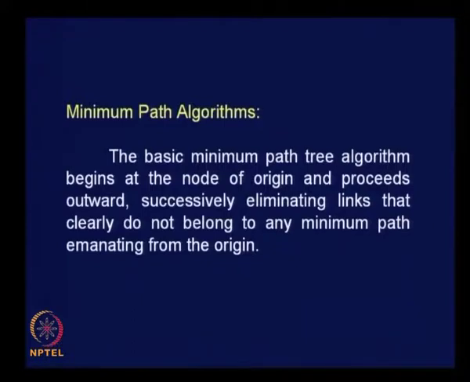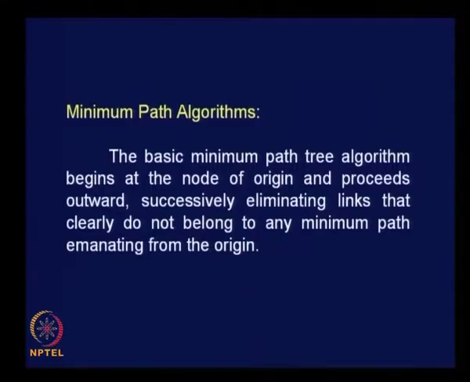So, the minimum path algorithm. The basic minimum path tree algorithm begins at the node of origin, obviously the node of our interest, the node of origin from where we start, and proceeds outward successively, eliminating links that clearly do not belong to any minimum path emanating from the origin.